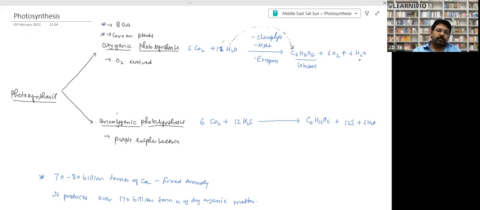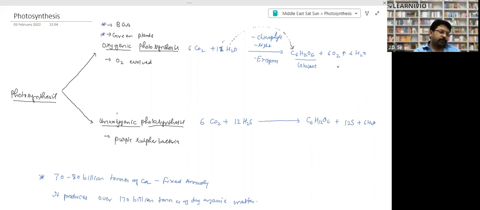The oxygen which we breathe, where does it come from? From water or from carbon dioxide? Tell me, guys.